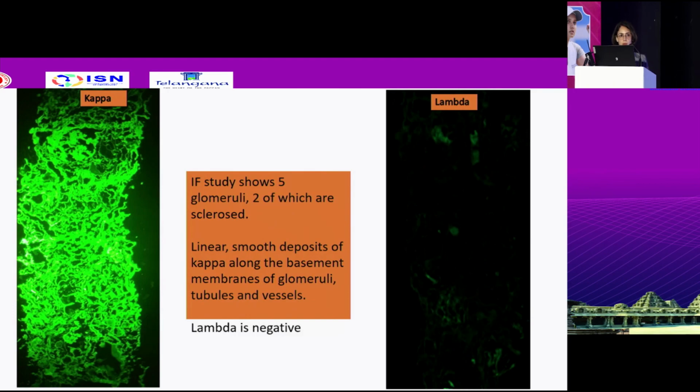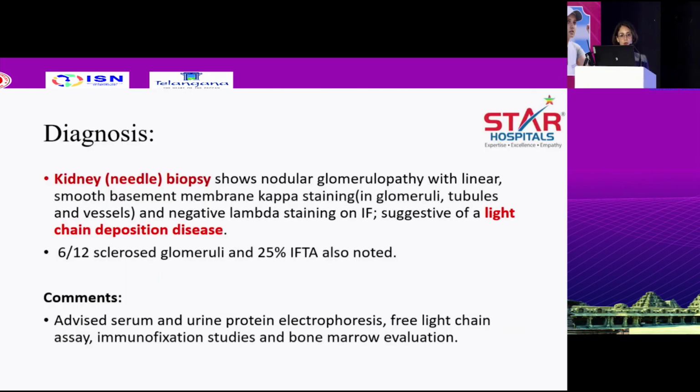Kappa was brilliantly lit with linear smooth deposits along the basement membranes of glomeruli, tubules, and vessels, while lambda was stark negative.